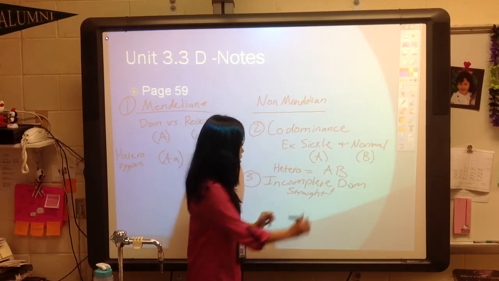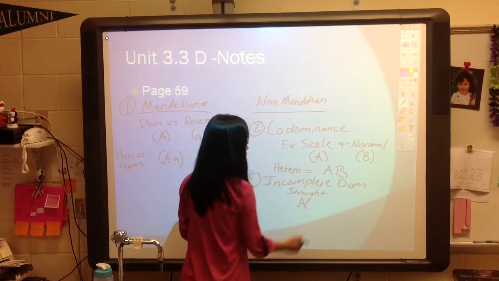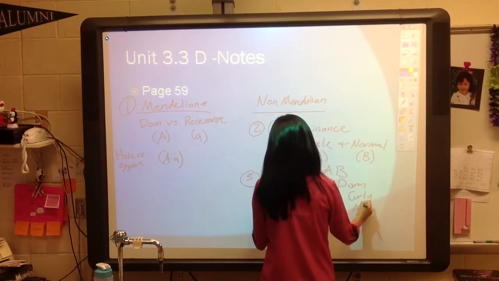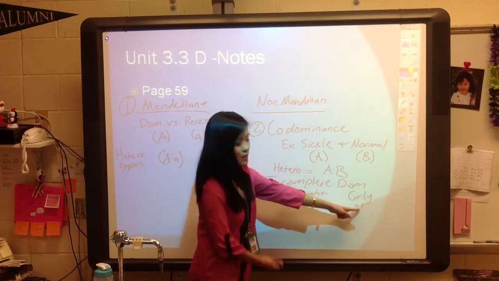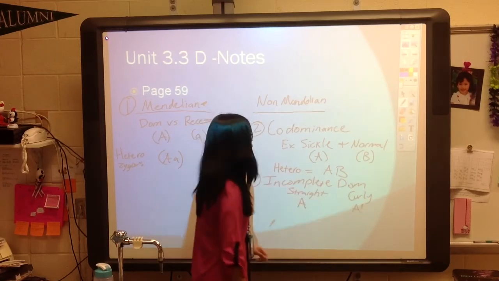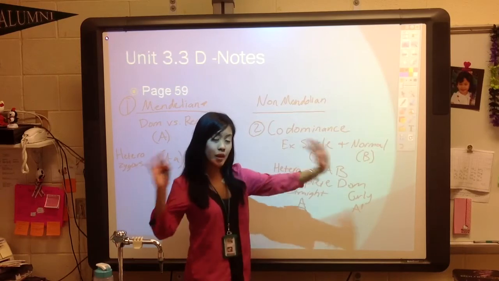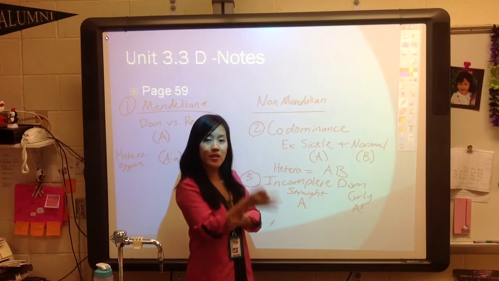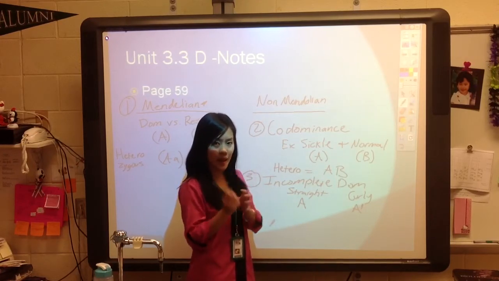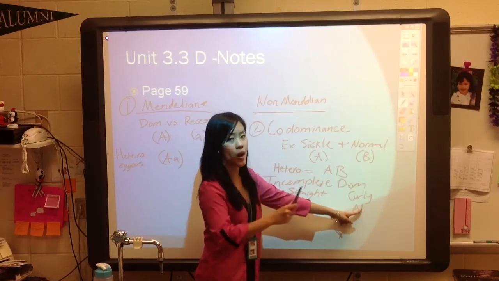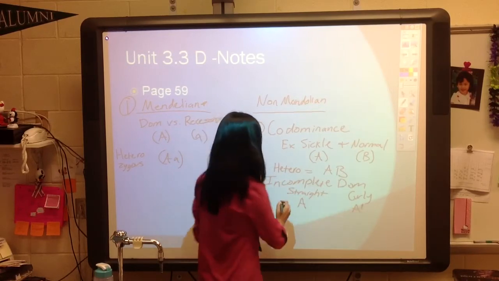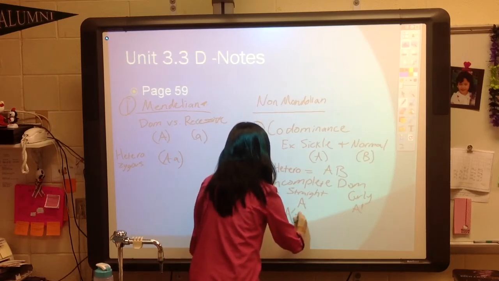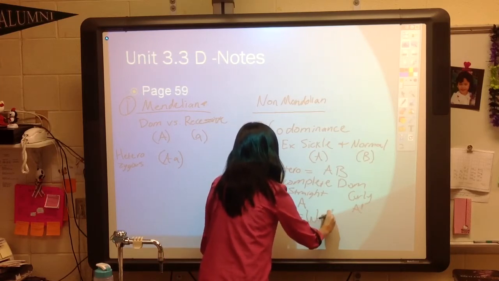Straight could be A, and curly could be A prime, set by that little apostrophe at the top. As long as you keep your two extremes as A and A prime, then you're fine. But whatever's in the middle, mixed together by that prime, such as A A prime, this would give you a mix of both, and this would give you wavy hair.